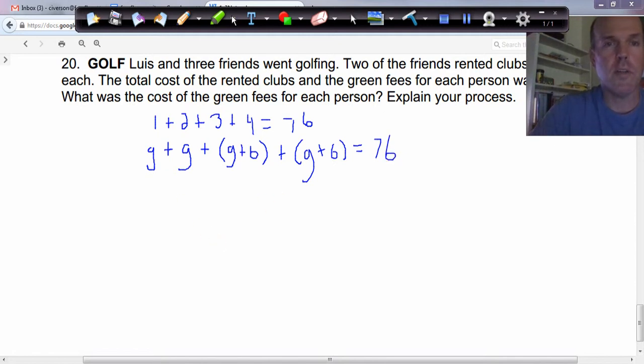How many G's did you see? Well, I see 1, 2, 3, I see 4. So we have 4 G's. Alright, now let's see. We also have 6 plus 6, which is 12. So those $12 in club rentals.